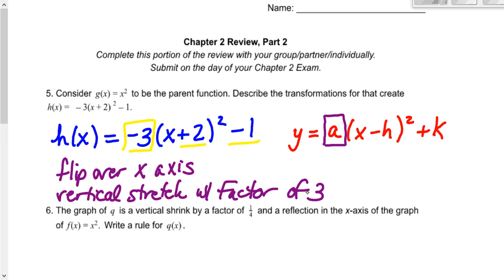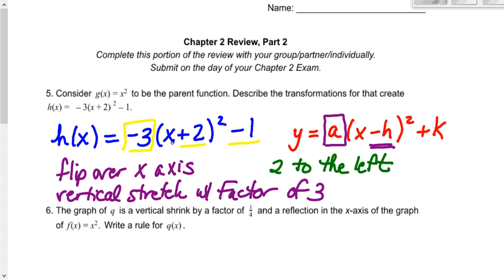So this +2 is in the location of the -h. So if I were to think about this, I know it's a side-to-side slide, and I know that things that are with the x, so to speak, work opposite of what we might intuitively guess. So this is actually moving 2 to the left. You could think of it as x minus -2, and that might help you understand why it would be to the left.